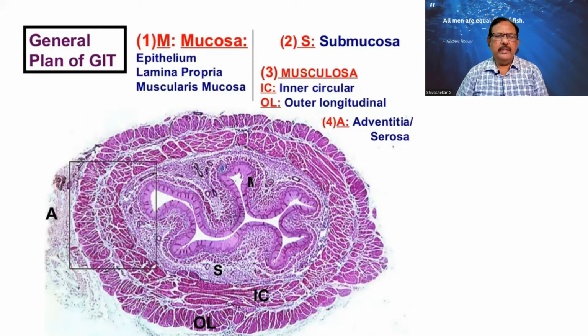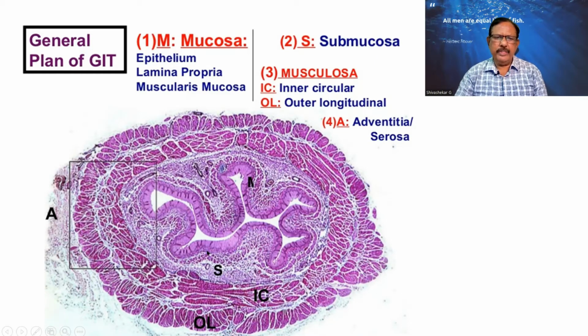Now this is a cut surface of the esophagus. In any of these organs, we should be able to appreciate the multiple layers, the lumen, as well as the configuration of each. Here, we are able to make out the epithelium.